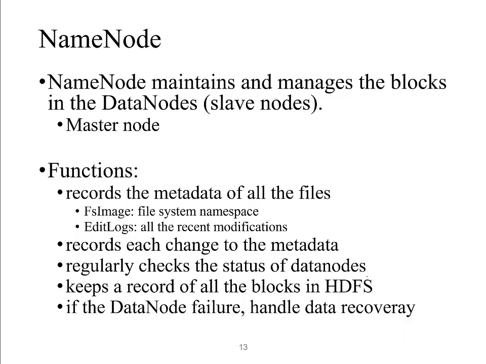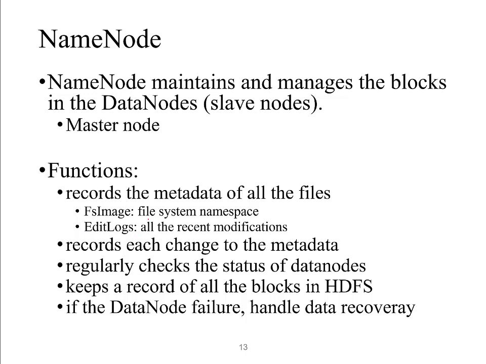For example, the location where the blocks are stored, the size of all the files, the permissions, and the hierarchy structure of these files. There are two files associated with the metadata that are the most important files in the name node. One is the file system image, FS image, and the other is the edit logs.